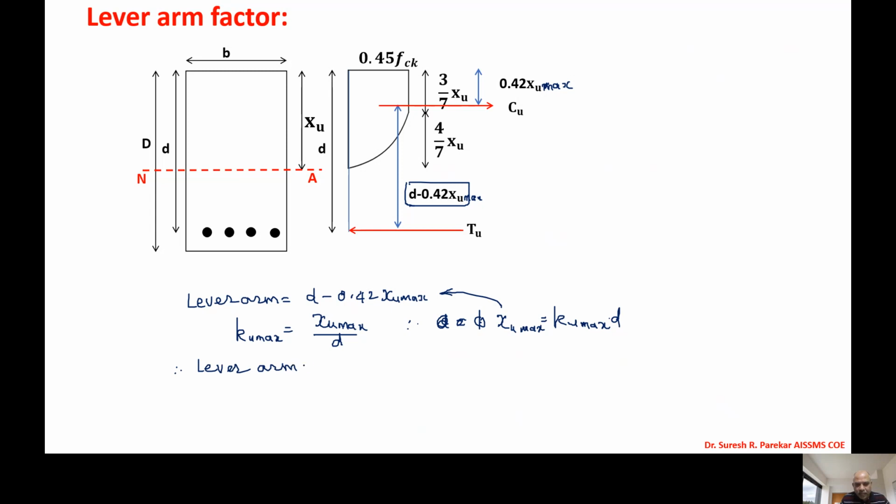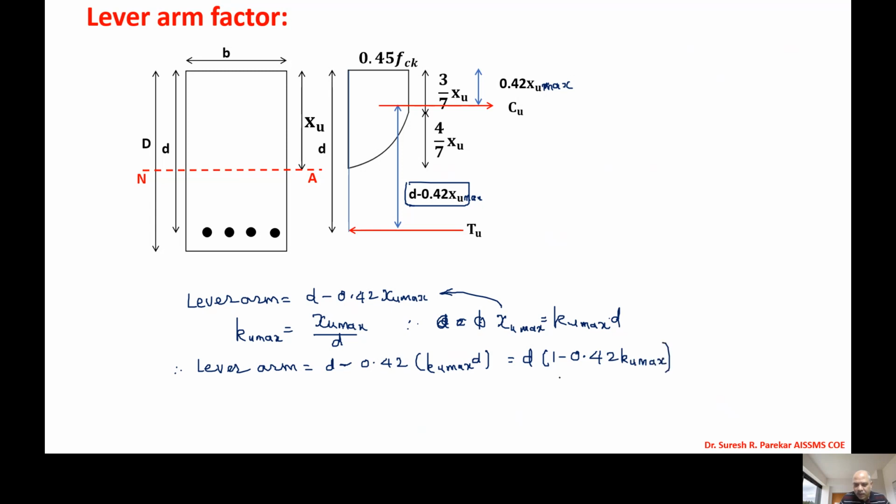And this value we will substitute in this equation, and therefore we will get lever arm equal to d minus 0.42 into Ku max into d. And that will give us, if I take d outside, 1 minus 0.42 Ku max.